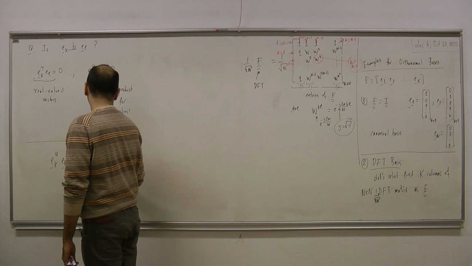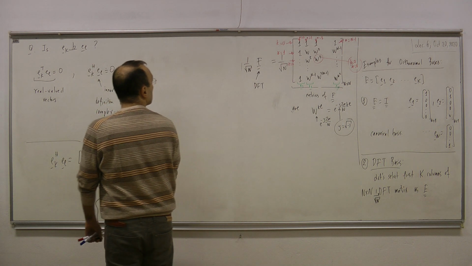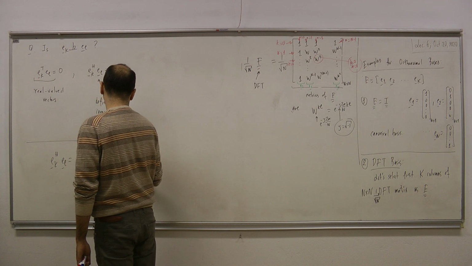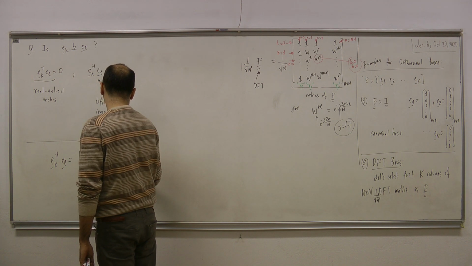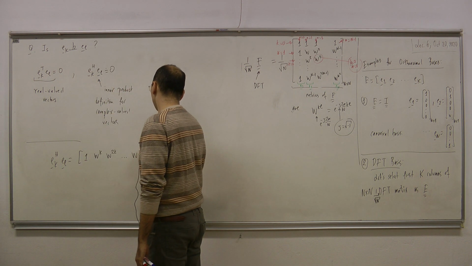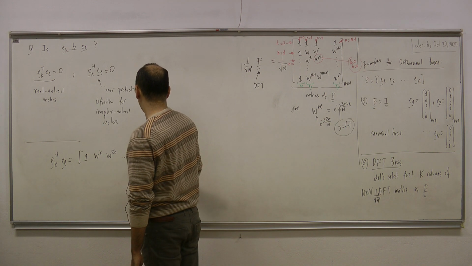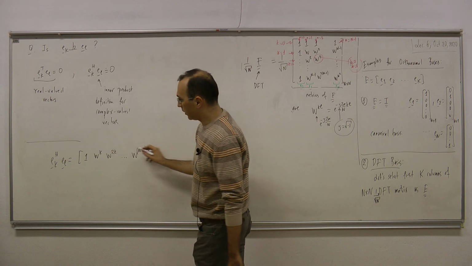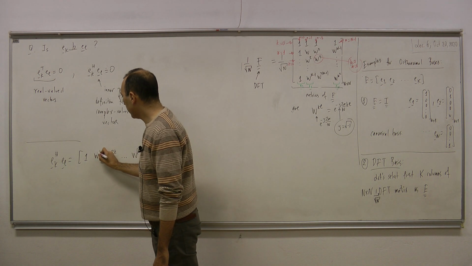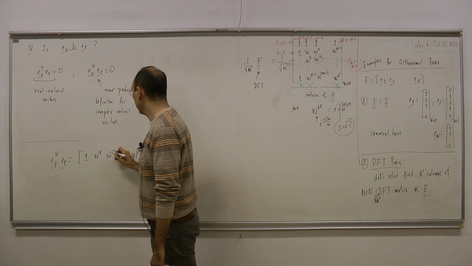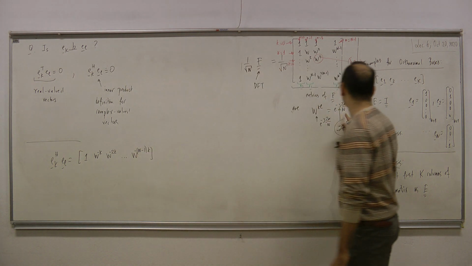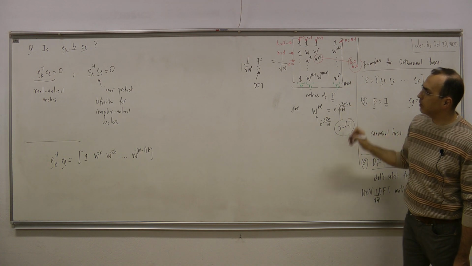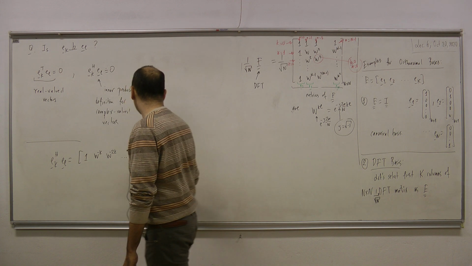So you see 1, I have W^k, W^2k, up to W^(n-1)k. But this is transpose only. Hermitian means I'm also taking the conjugate. So once you take the conjugate, because this W is an exponential, if you take the conjugate of this, you get a plus over here. So I have something like that.